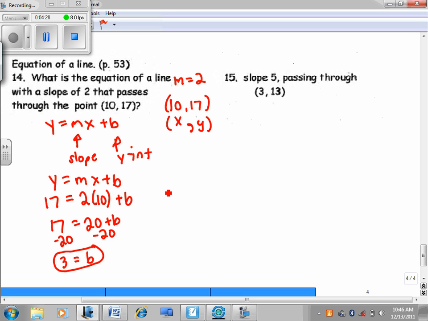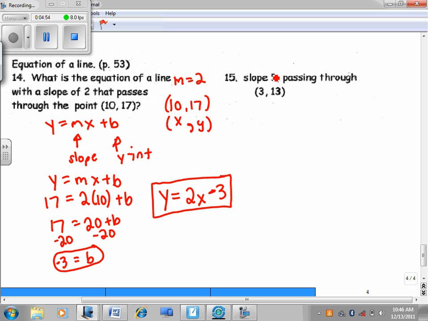So our equation is y equals 2x minus 3, because it's 17 minus 20, so it's minus 3. So y equals 2x minus 3.